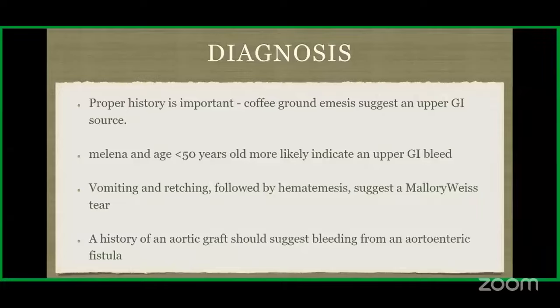Mallory-Weiss tear has a typical presentation, like we've already said: recurrent vomiting and retching, followed by hematemesis. Any patient with an aortic graft history presenting with hematemesis, we have to consider an aortoenteric fistula.